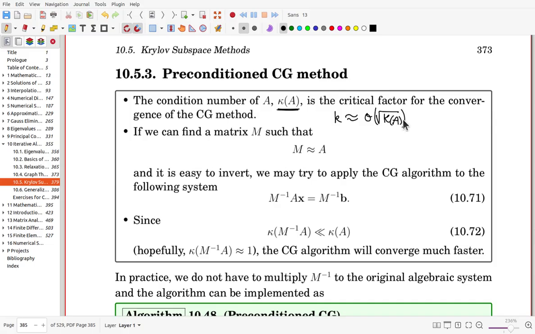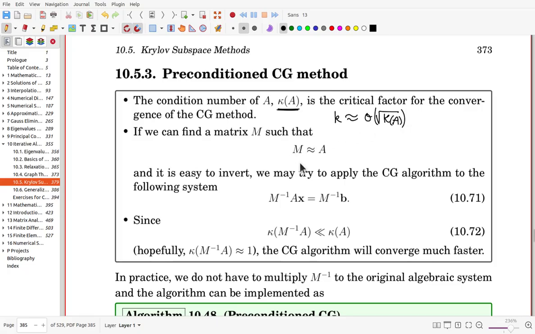So if the condition number of A becomes smaller, then we can enjoy fast convergence. That's the idea of preconditioning.